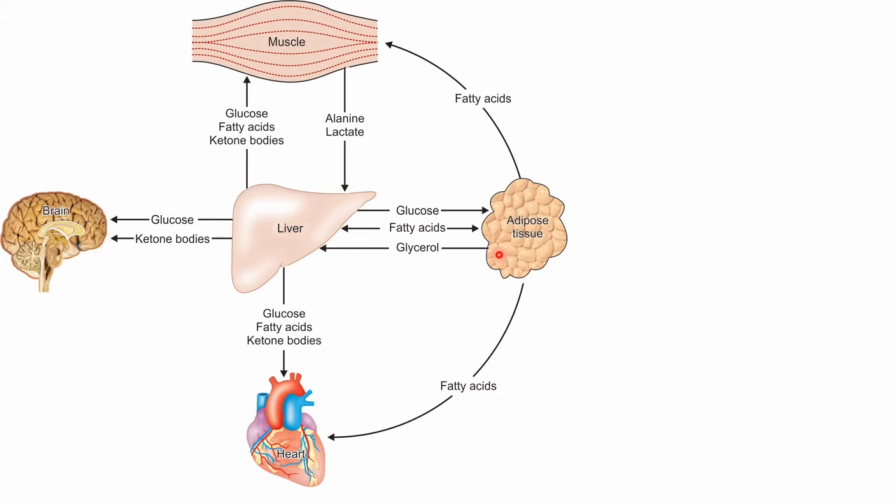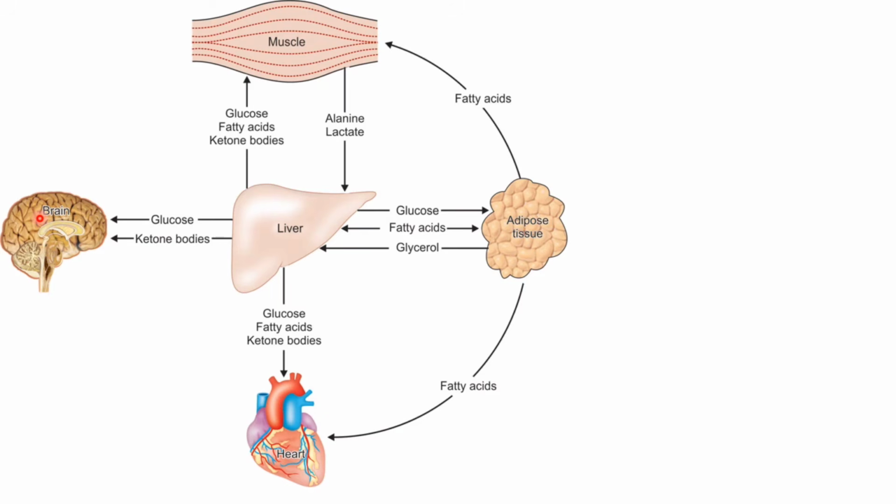Adipose tissue during the fed state synthesizes triacylglycerol from glucose and free fatty acid, and during the fasting state, these triacylglycerols are converted to glycerol and fatty acid, and they are exported to the liver and other tissues as a fuel. Heart muscles contain essentially no fuel reservoirs and must be continuously supplied with fuel from the liver and adipose tissue.